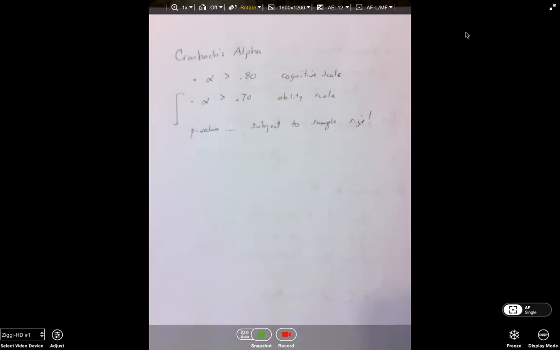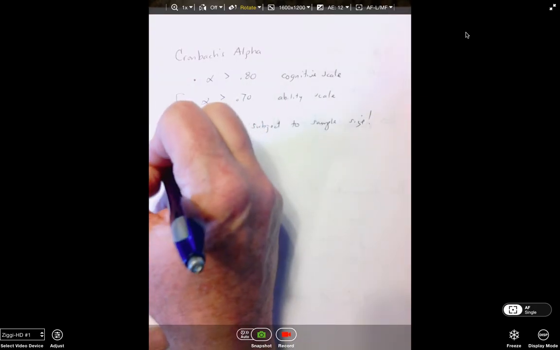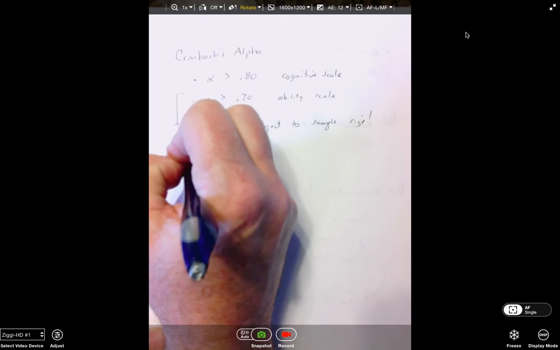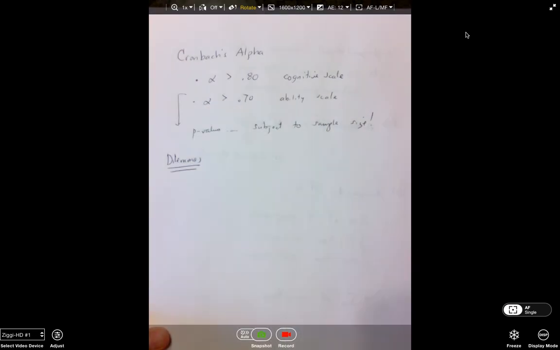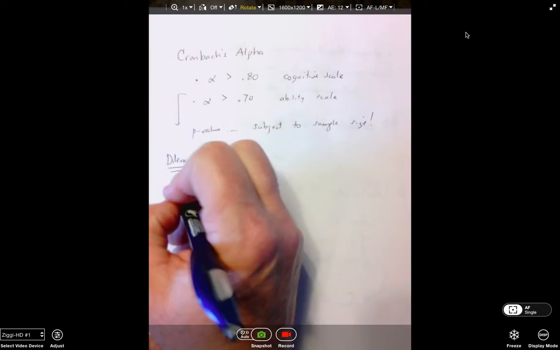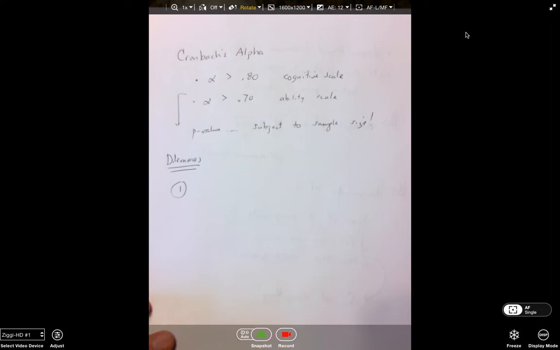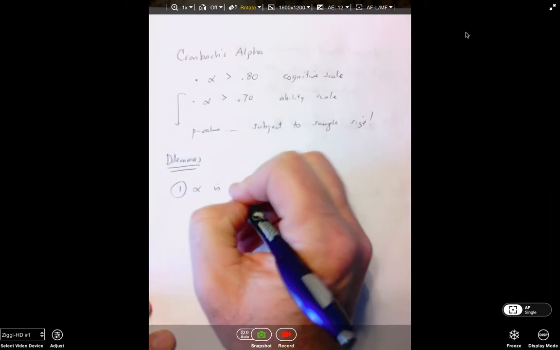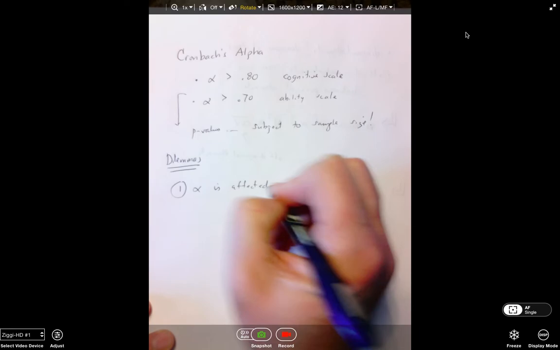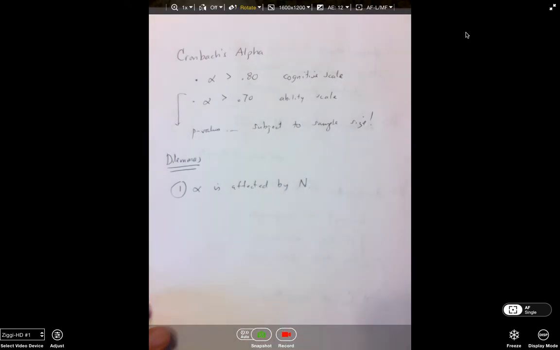It's the same thing with Cronbach's alpha. Cronbach's alpha is artificially inflated by the number of items on the scale. So, dilemmas, if you will. And this is where I'll talk about one of my current doctoral students, what she's encountering. The first dilemma that I can tell you is alpha is affected by n, the number of items on the scale.